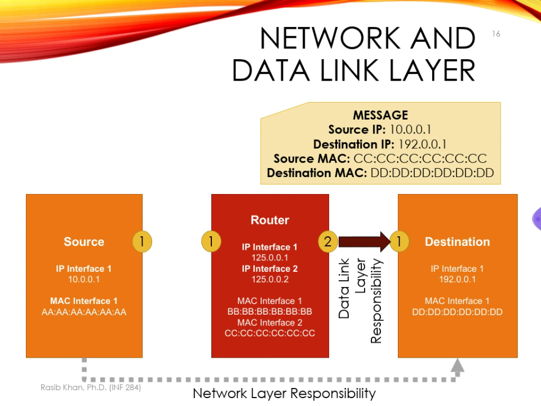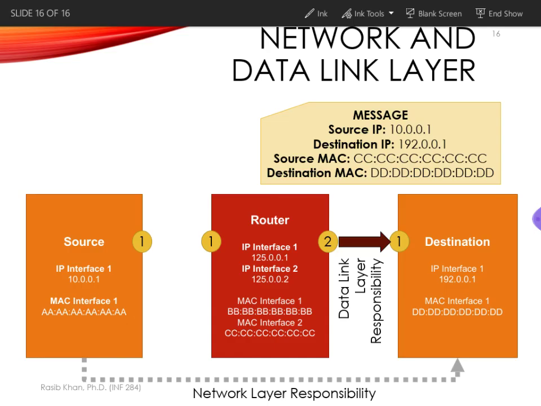Next, when the message is sent from the source to the router, the router then needs to send it onward to the destination. In this case, the directly connected interfaces are interface 2 on the router and interface 1 on the destination, and this is the data link layer's responsibility.